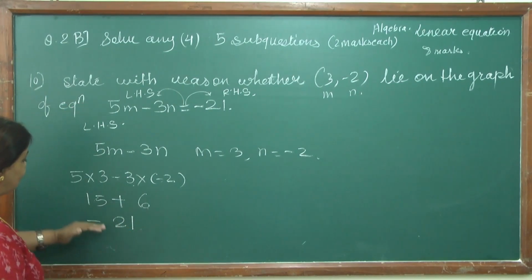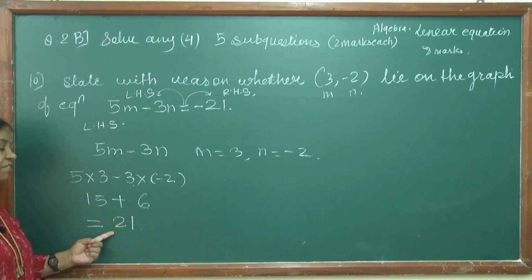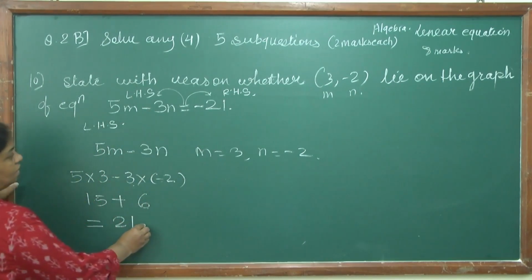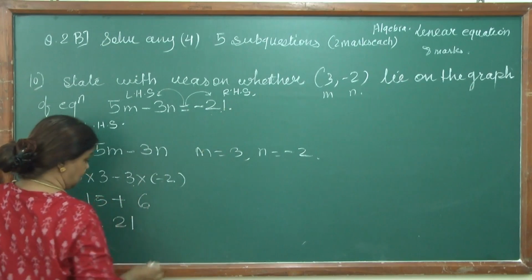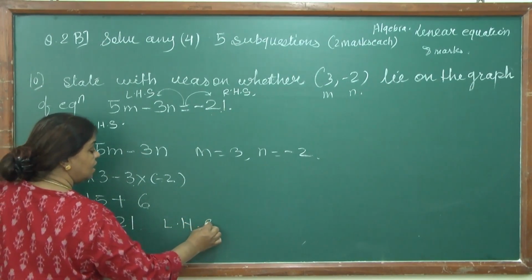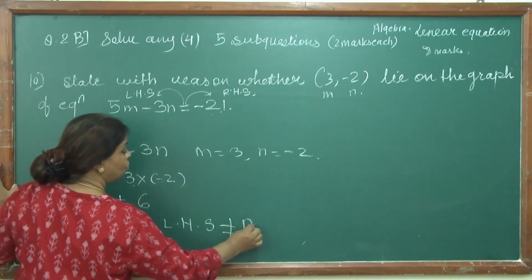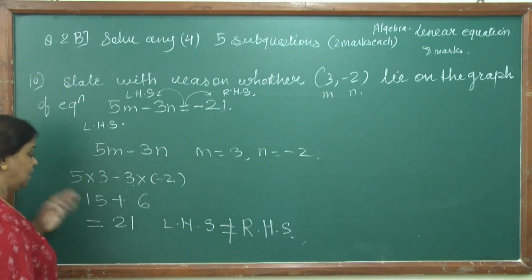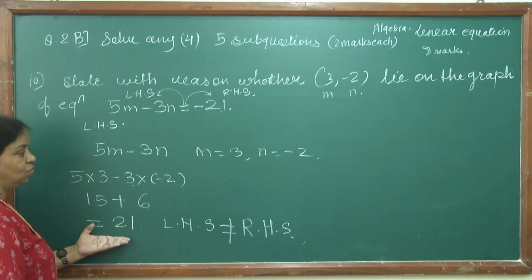So left hand side we got 21. See the right hand side. Right hand side is minus 21. That means left hand side is not equal to right hand side.